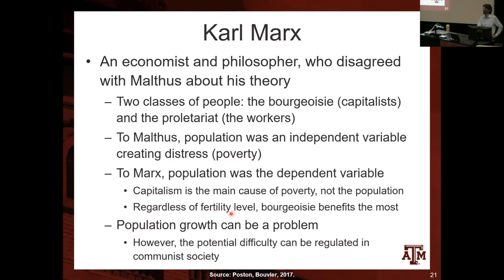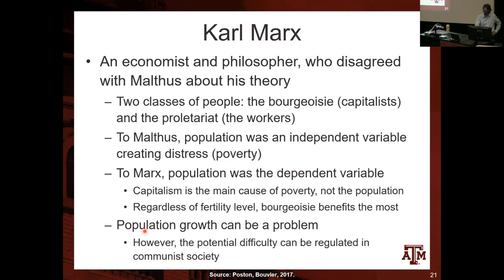Regardless of fertility level, if we have low fertility levels, like here in the US, around 2.1, 2.3 children per woman, even in societies that have low levels of fertility, you still have inequality, you still have poverty, exactly because you have the bourgeoisie benefiting the most from that economy.